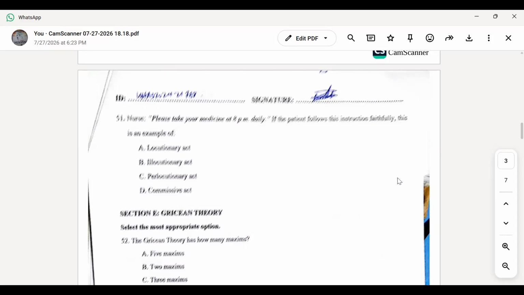If the patient follows this instruction faithfully, this is an example of commissive act. So we don't have commissive, we have locutionary, perlocutionary, and what? There's commissive there.